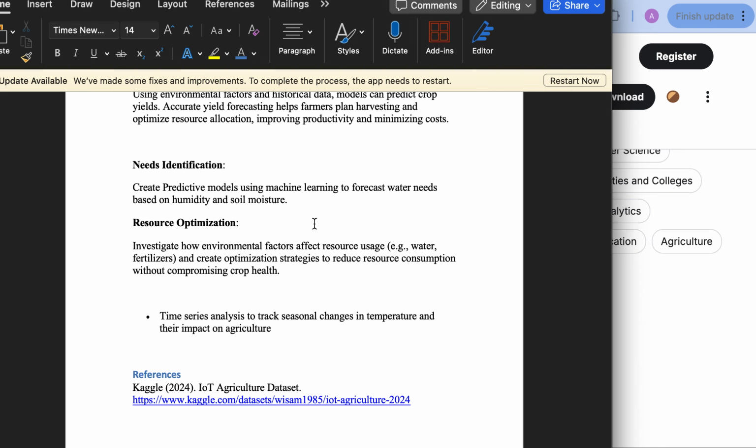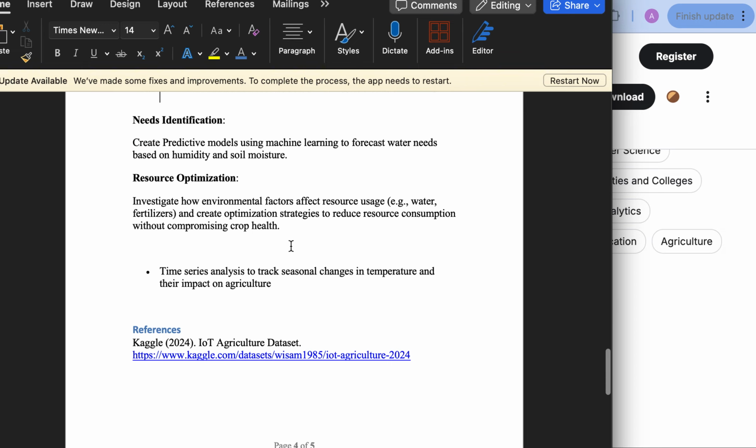Also, we can identify the needs of the plants and create predictive models using machine learning to forecast water needs based on humidity level or soil moisture and other factors.